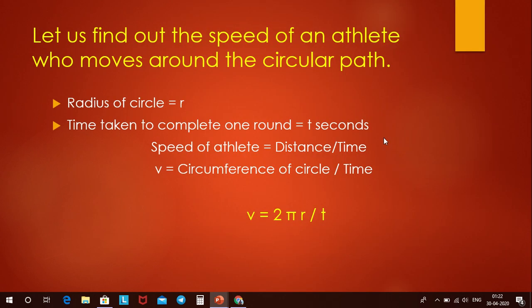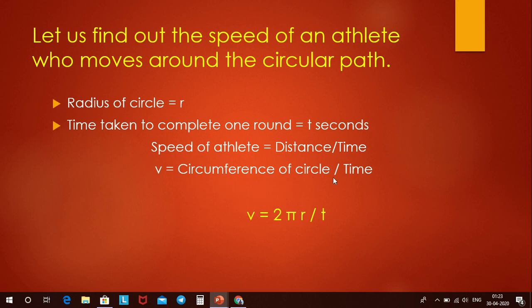Now let us find out the speed of an athlete who moves around the circular path. So let us consider the radius of the circle is r, and the time taken to complete one round is t seconds. Now the formula of speed is distance upon time, so we can write speed v equals distance upon time. In place of distance we can write the circumference of the circle, because when the athlete is moving around a circular path, one complete round is equal to the circumference of the circle.